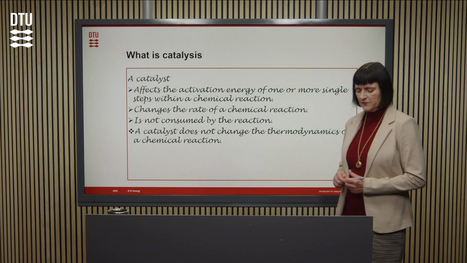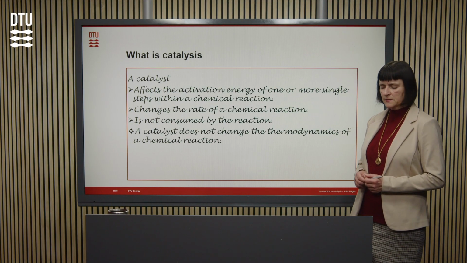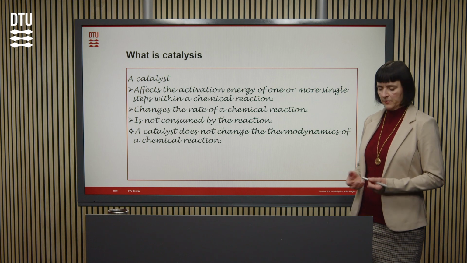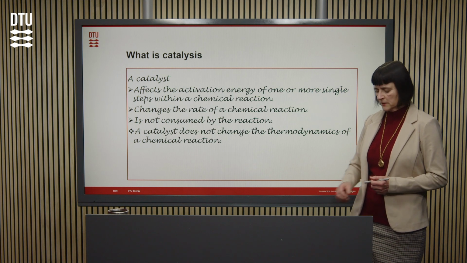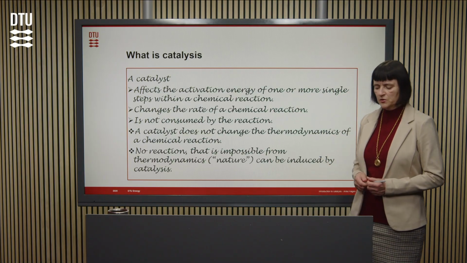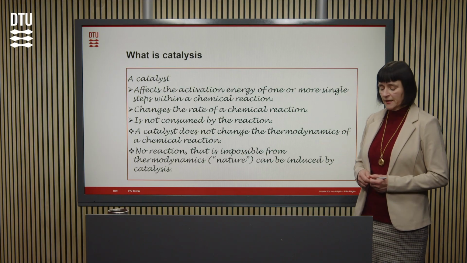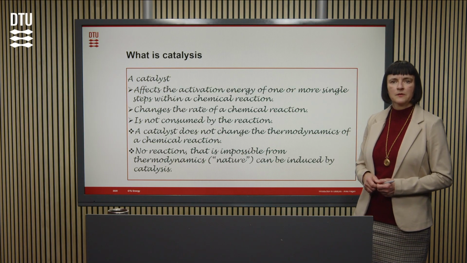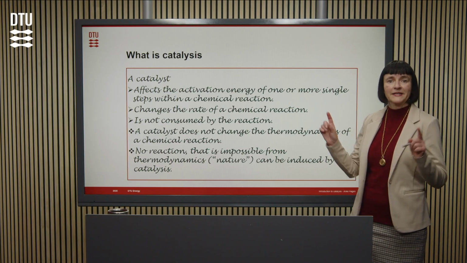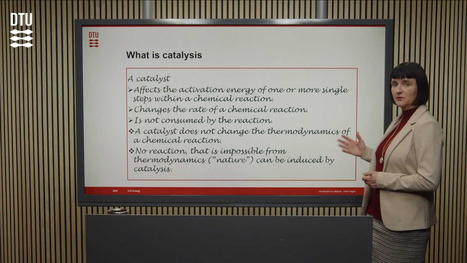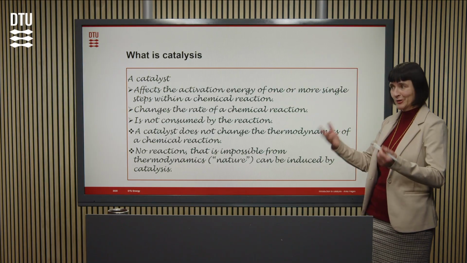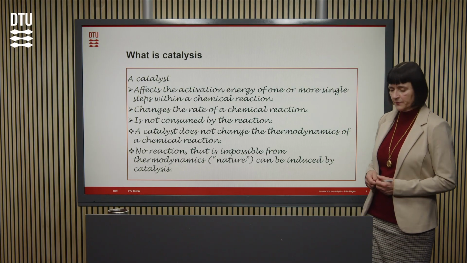On the other hand, you have to note that a catalyst does not change the thermodynamics of your reaction, and it can also not induce or create a reaction that is not possible by thermodynamics or by nature. So in other words, if there is no restaurant, your catalyst cannot conjure a restaurant.